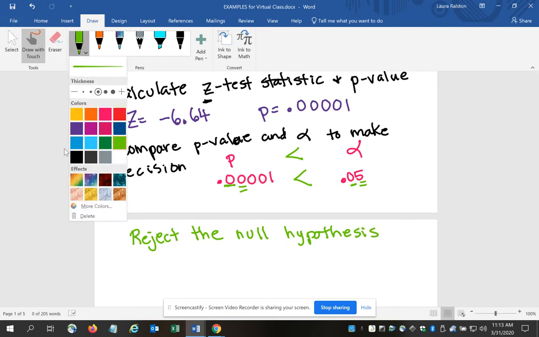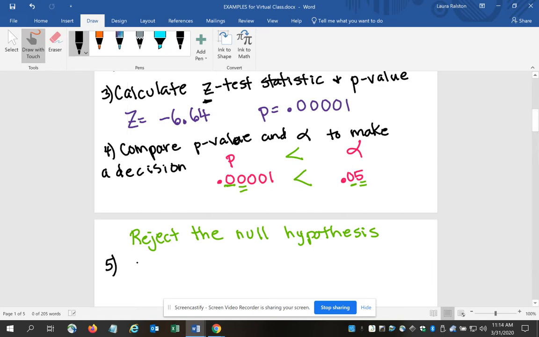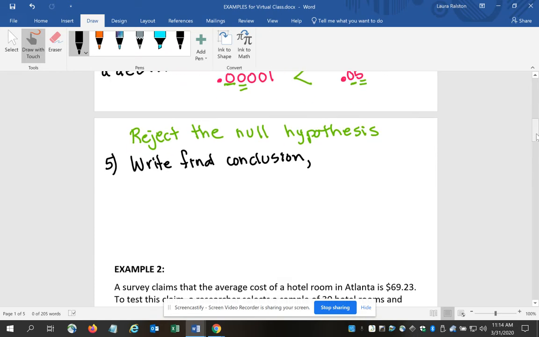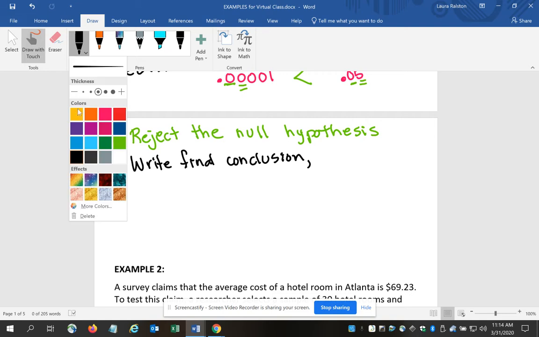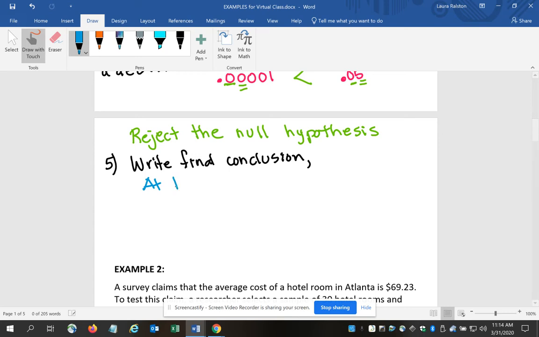Then I'm ready for the fifth step. The fifth step in the process is to write your final conclusion. The final conclusion should always contain your level of significance. So typically, I start out by writing that I would say at the 0.05 level of significance.